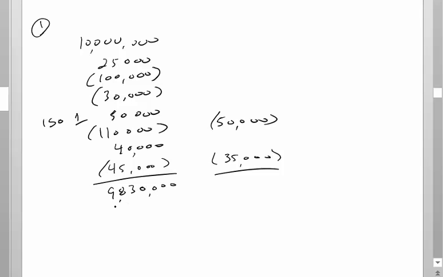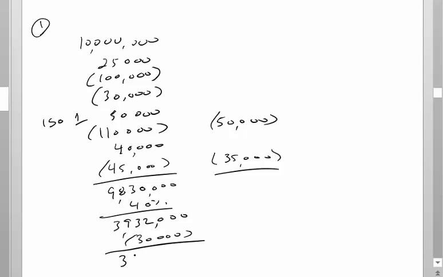And I claim 30,000 of credits. So 3902. And if I didn't have my extra deductions that I'm going to benefit to APIC, it wouldn't be 9830. It would be 9899.